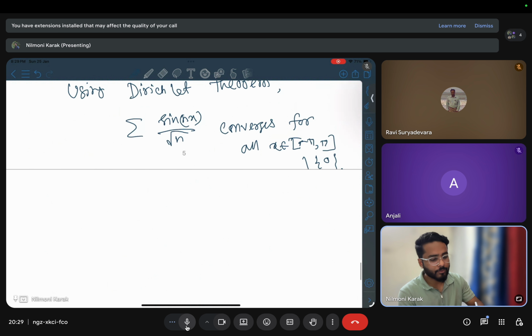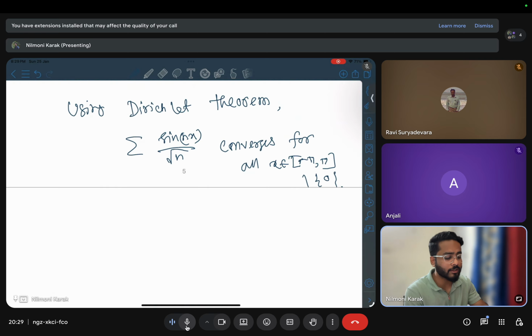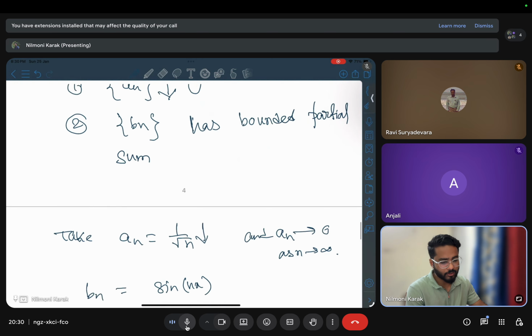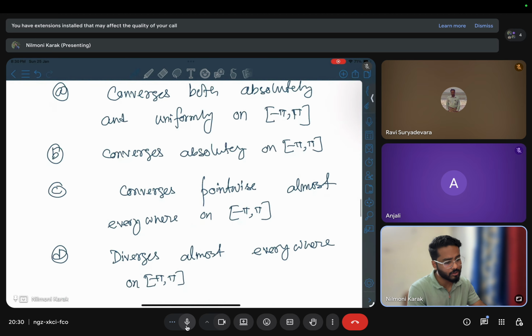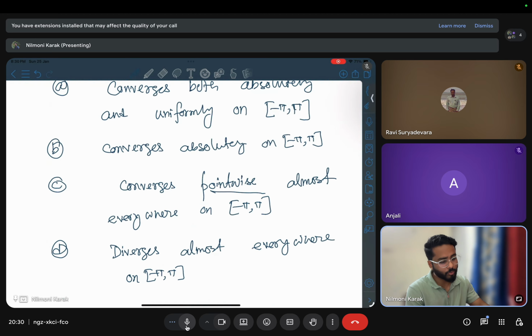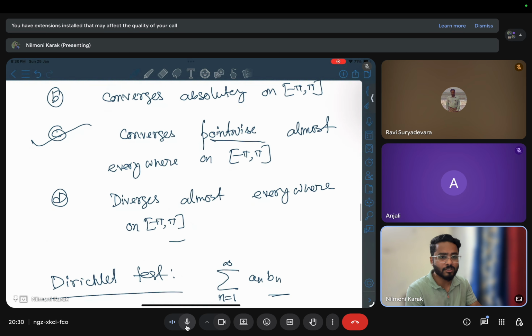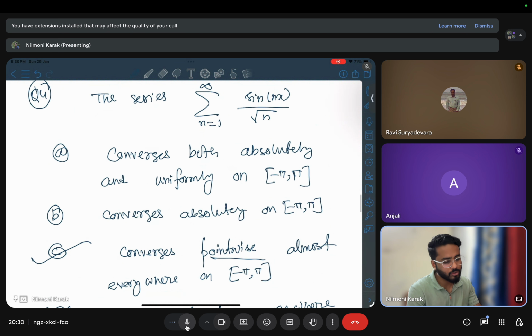So this series is convergent for all x in minus pi to pi except 0. That's why we call this series converges almost everywhere. And diverges almost everywhere in minus pi to pi? No, only at x equals 0 it diverges. So this is not true.